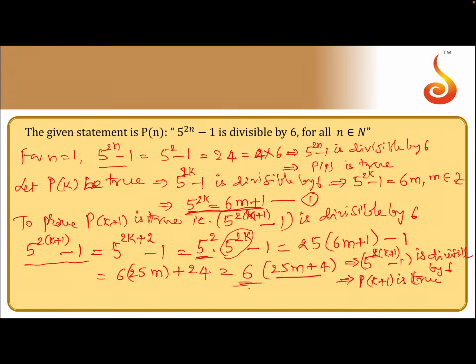The statement is true for k plus 1, and that implies Pn is true for all n belongs to N by mathematical induction. Hence, the proof.